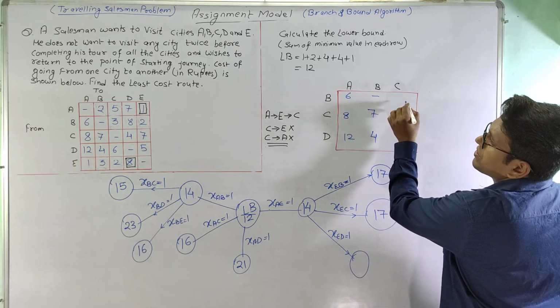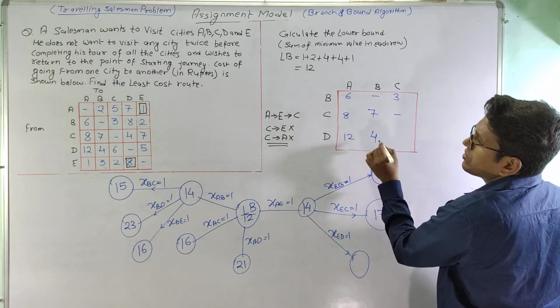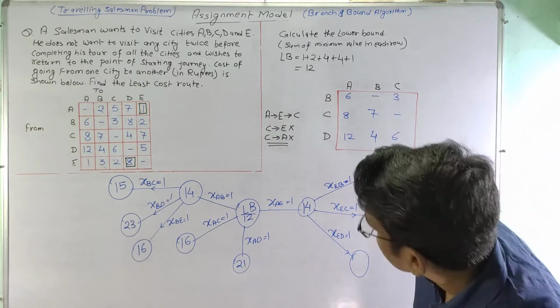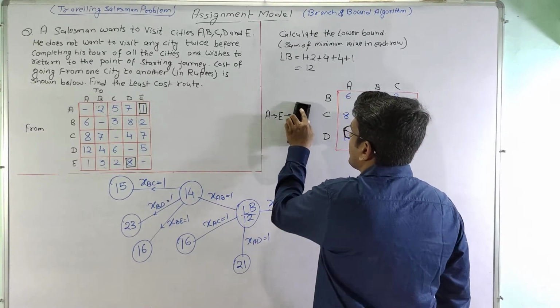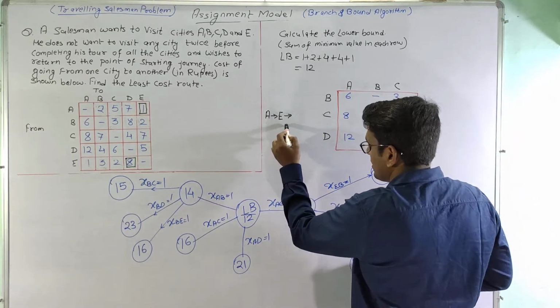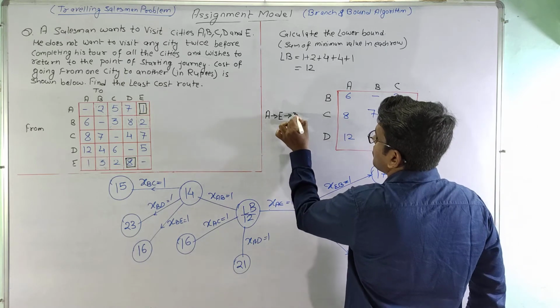Similarly, B to C is 3. C to C is dash. D to C is 6. And again we need to see the sequence in which it is going. So the salesman is going from A to E and E to D. So it is moving from E to D.